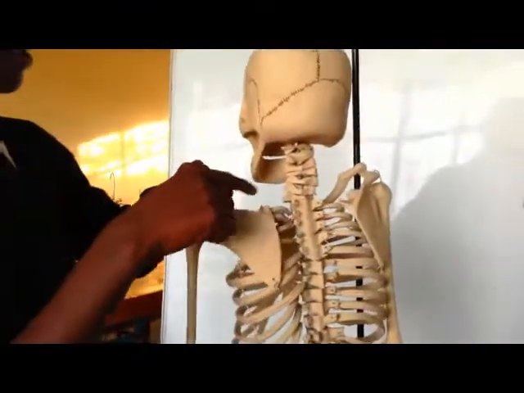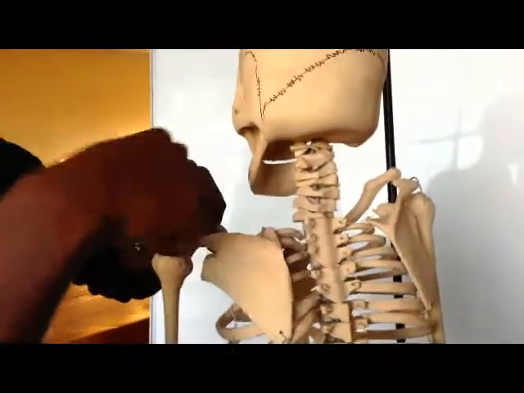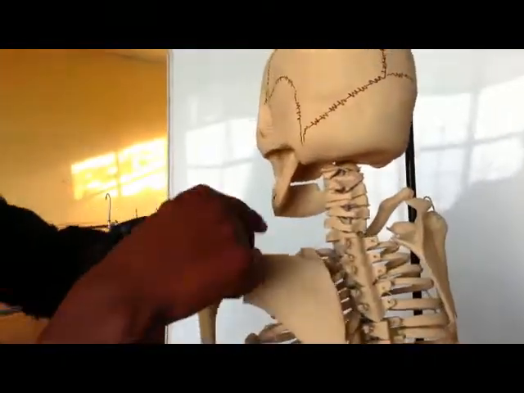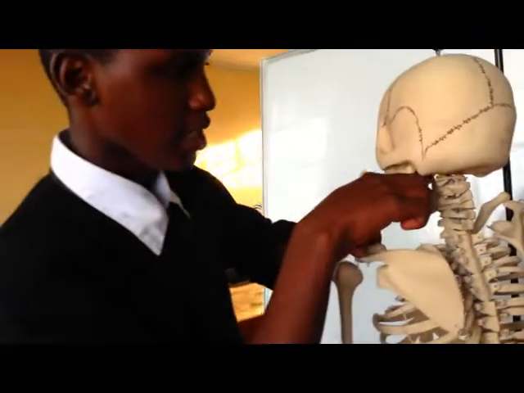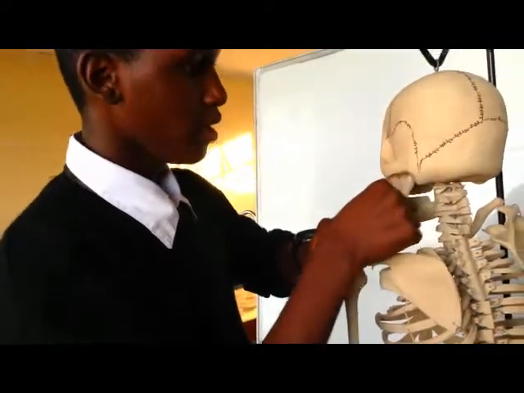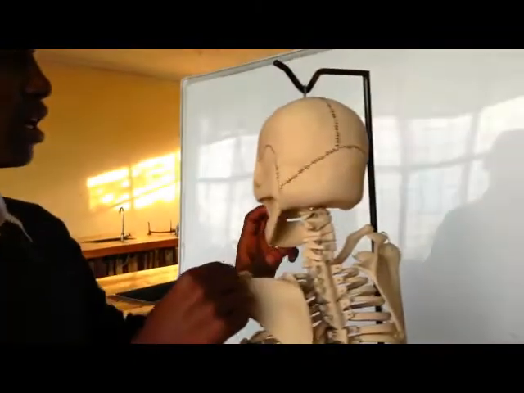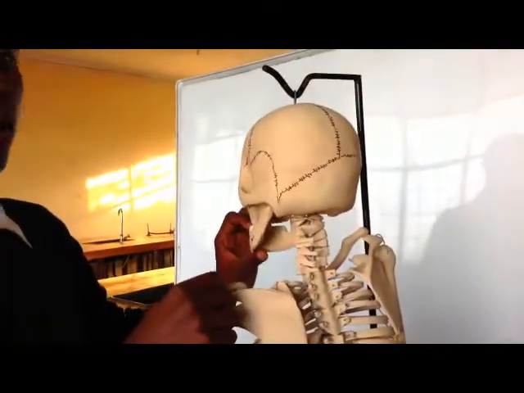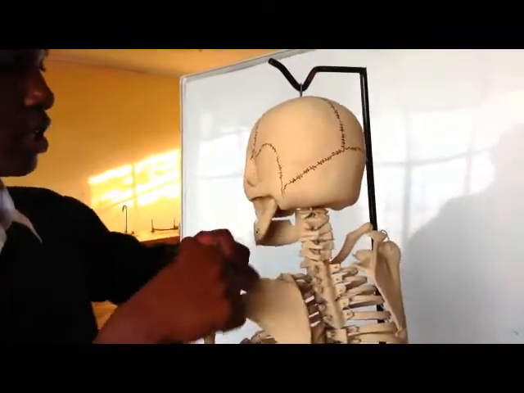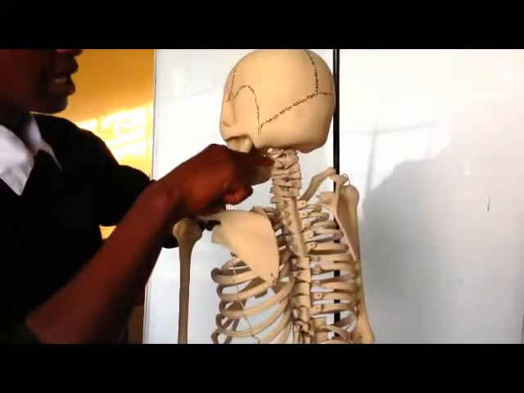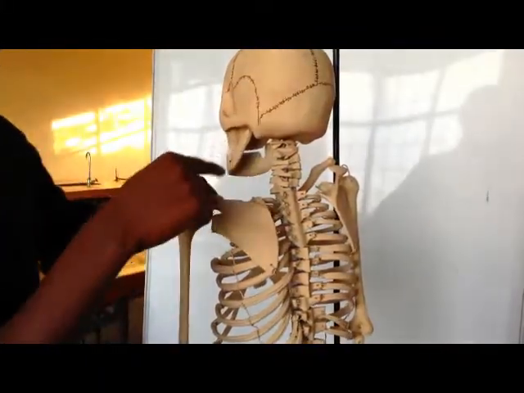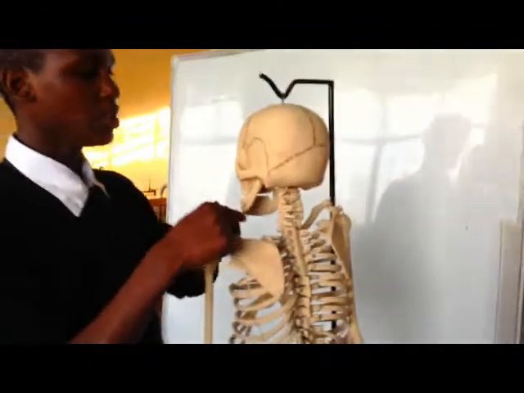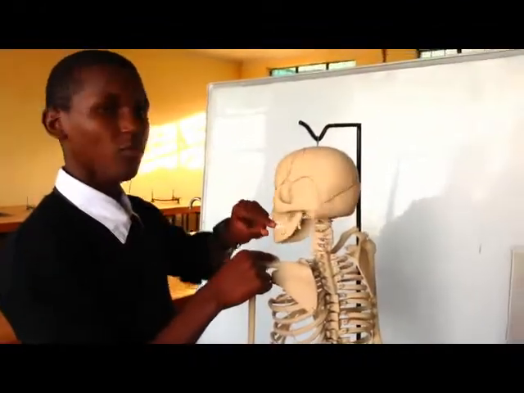They are modified to provide movement. Between the atlas and the skull, there is a joint which helps in the up and downward movement, which is nodding. And between the atlas and the axis, there is a joint which helps in the sideways movement.